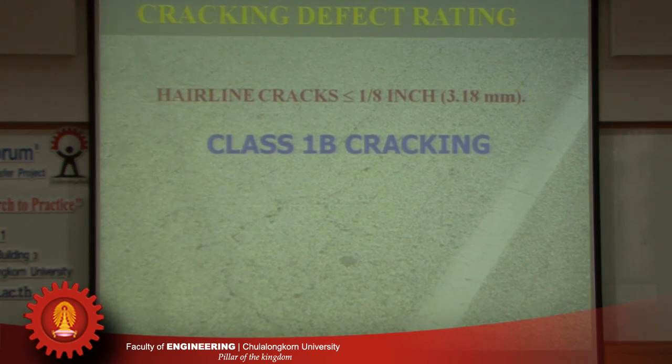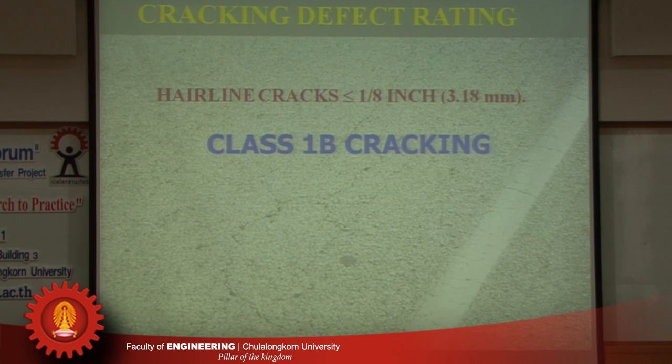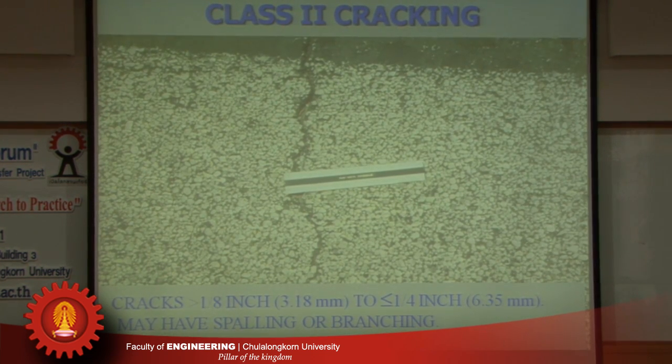Next, we want to cover how cracking is evaluated. To evaluate cracking, you need to recognize the type of cracks. This is a Class 1 crack. It's defined as such with a crack width less than 3.18 mm. Then we have Class 2.